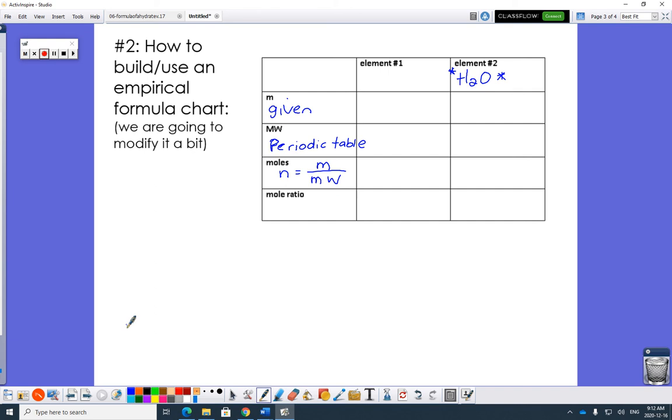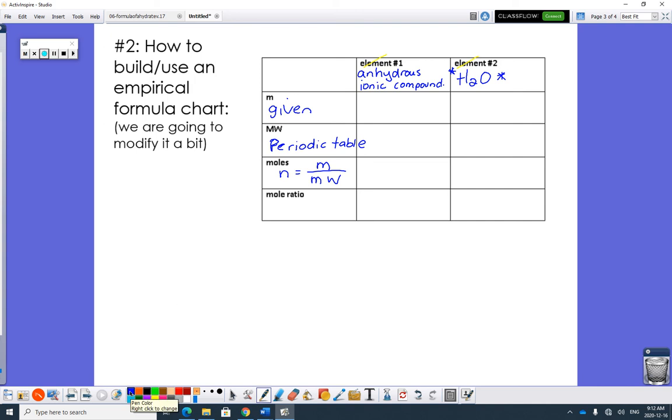So we're going to try to find how many waters there are versus how many anhydrous compounds there are. So when you do this, it's not really an element. So if you want to lightly cross that out, that's how we're modifying this.